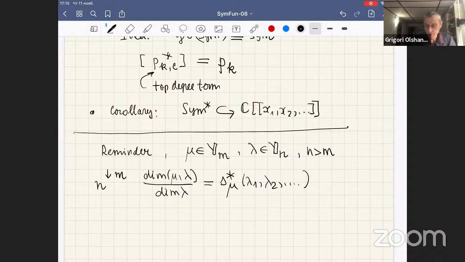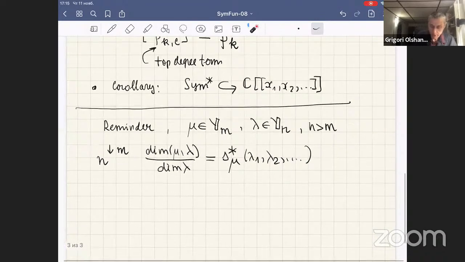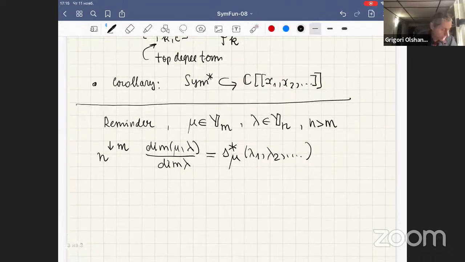Then the result of substitution, as here, makes sense. And I recall the definition, maybe I will recall it a little bit later. This is some natural analog of Schur functions with some shifts, and we replace the ordinary powers by falling factorial powers.